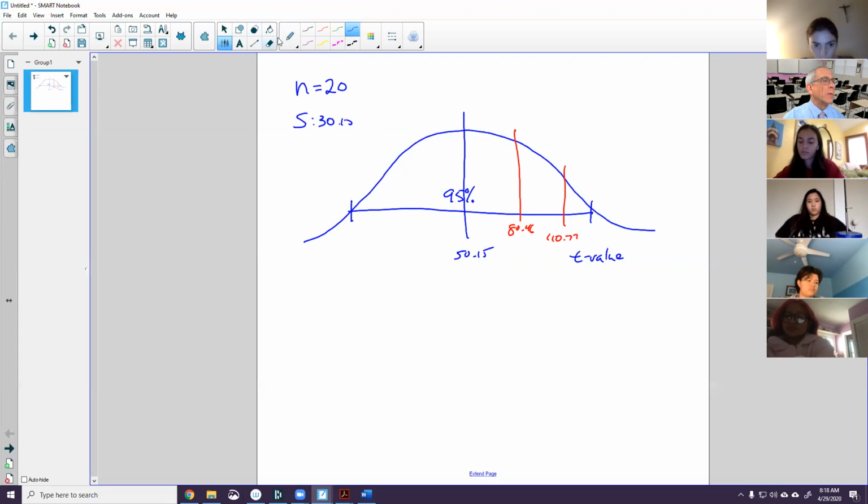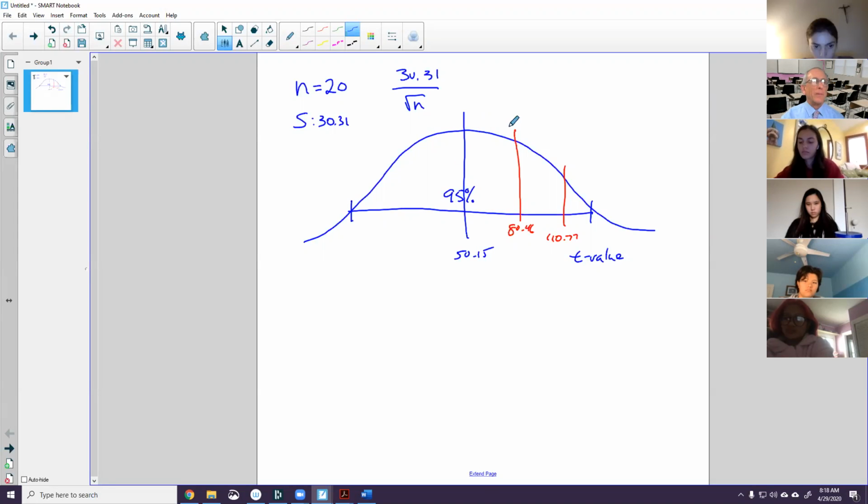They gave us a standard deviation of 30.31. But if we're trying to find the distribution of a whole bunch of samples of n equals 20, then we get to take this standard deviation of 30.31 and divide it by the square root of n.